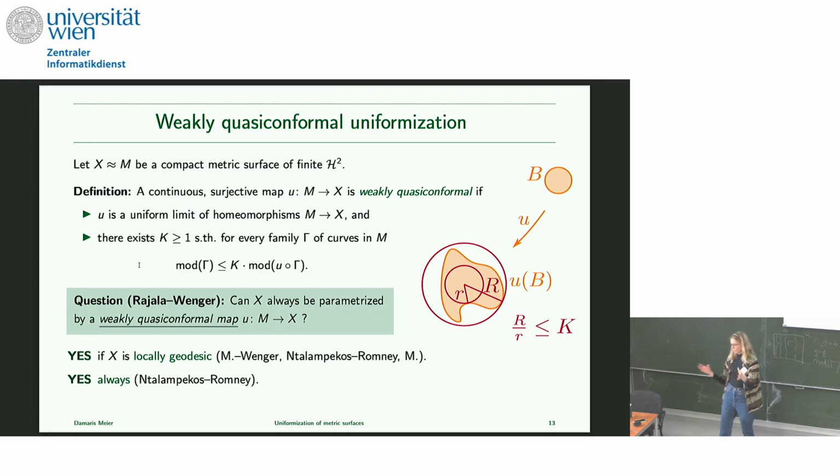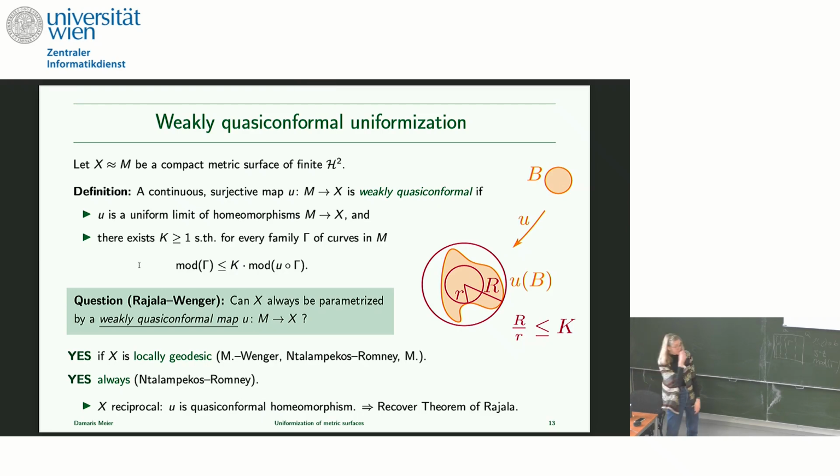So they completed the story of uniformization of metric surfaces. Good. Also just to mention, in case X is reciprocal, we can again upgrade our map to being a quasiconformal homeomorphism and thus recover the previous theorems.